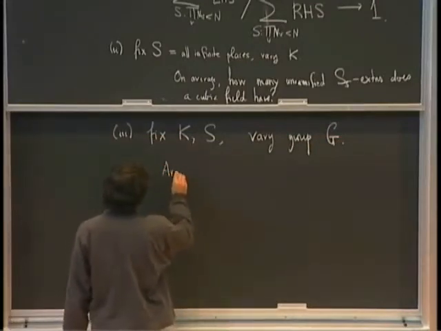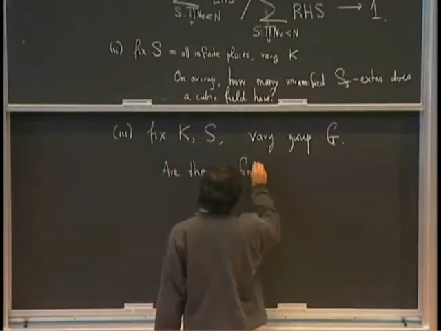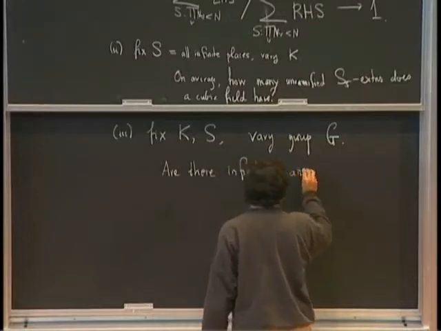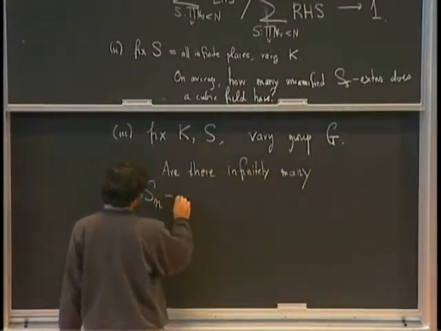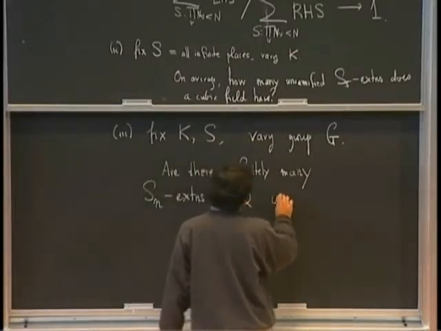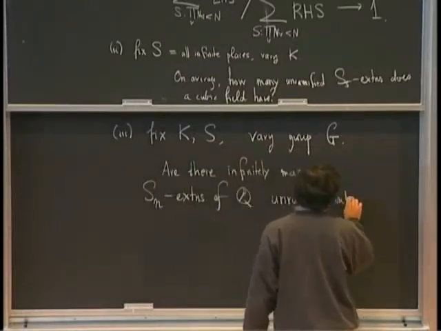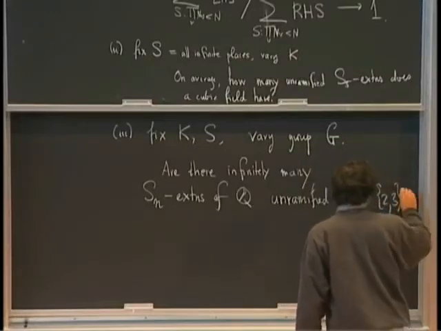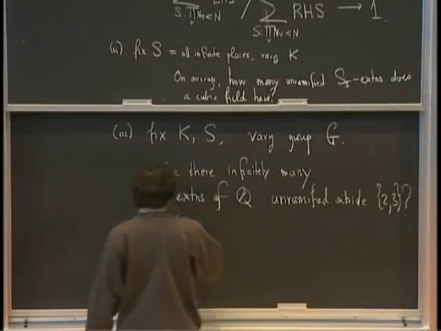Are there infinitely many Sn extensions of Q which are unramified outside the fixed set? Well, let's say unramified outside 2 and 3. And now n can vary.